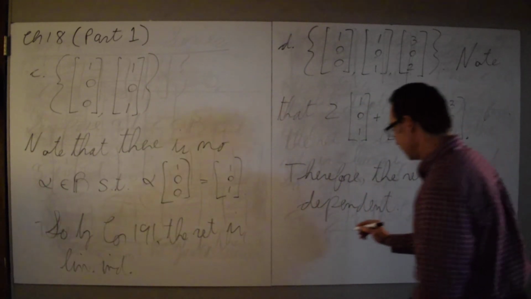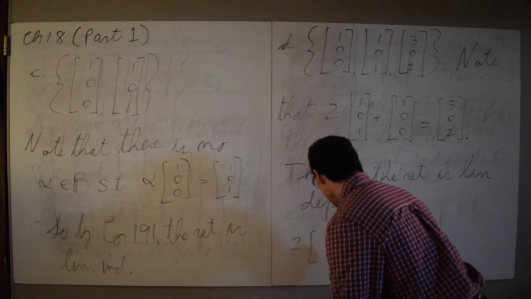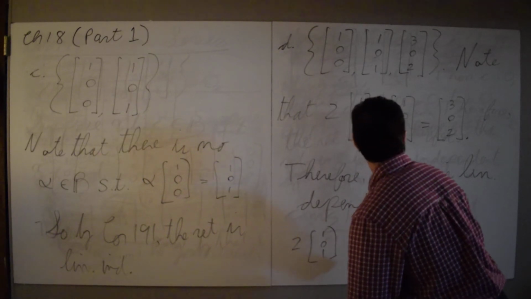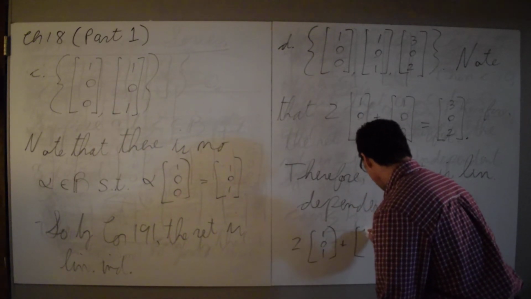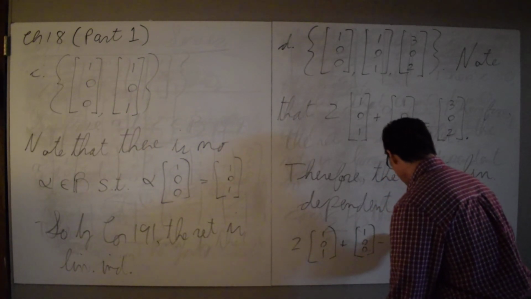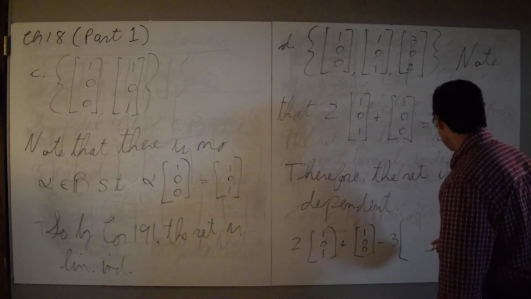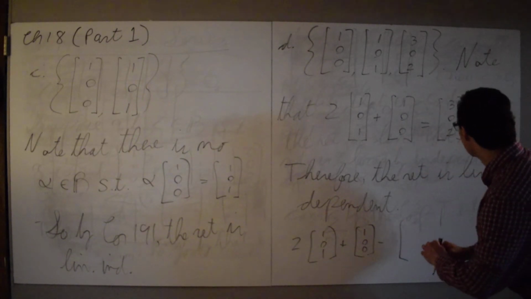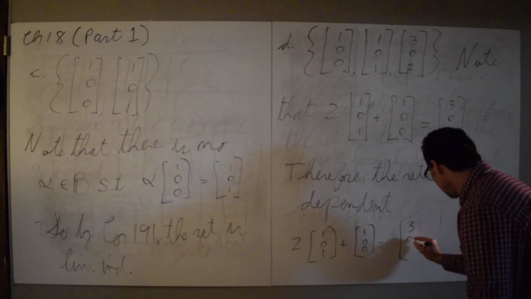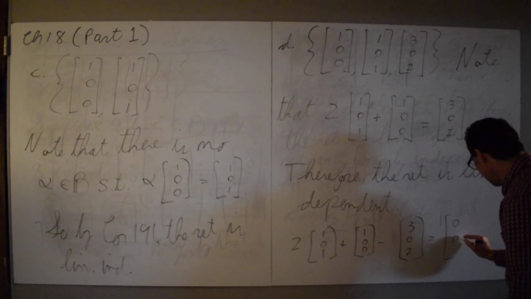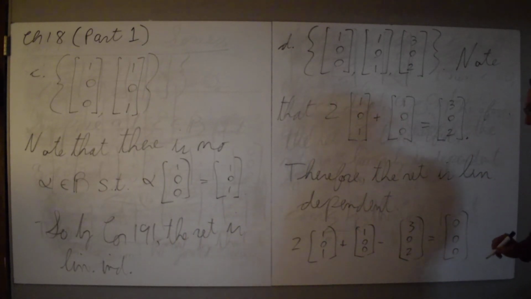I'll just write that out. 2 times the vector 1, 0, 1 plus 1, 0, 0 minus the vector 3, 0, 2 is the 0 vector in R3.